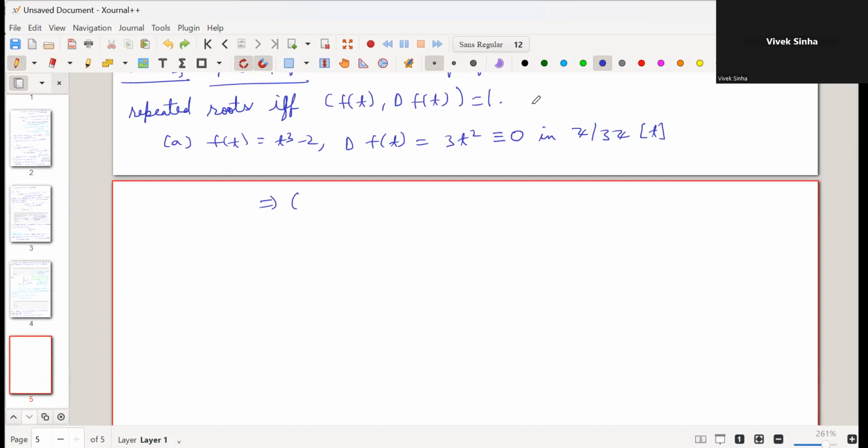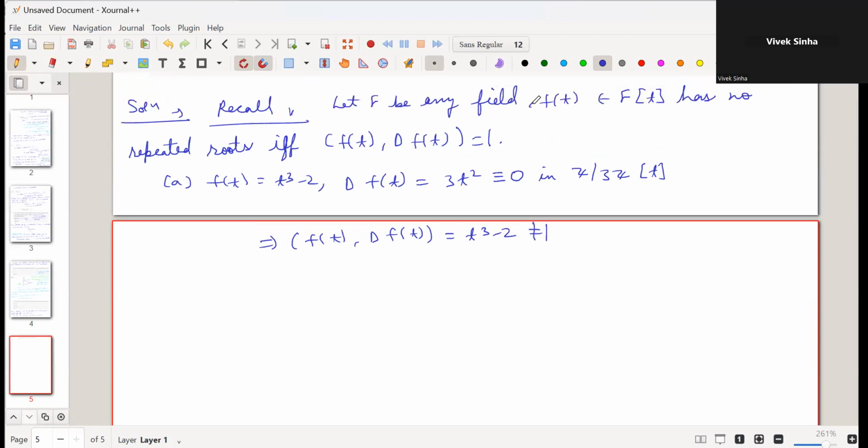It is not equal to 1. This implies f(t) has repeated roots in Z mod 3Z.